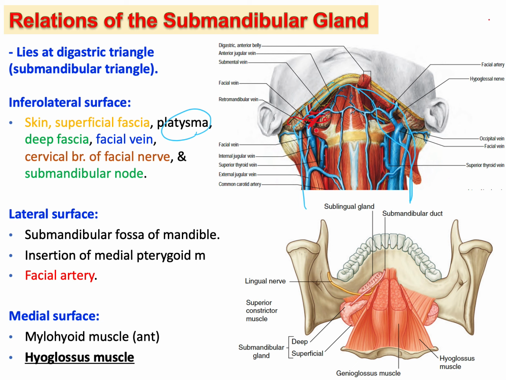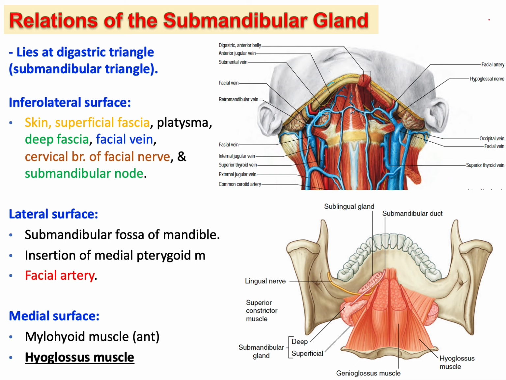Well, if you find it difficult to memorize it, just remember that in our body we have skin, superficial fascia, and muscles, then deep fascia, then we have vessels, vein and artery, and nerve and lymph nodes. So that's the easier way to remember it. Now, that was about the inferolateral surface, but let us be specific and just see the structures located lateral to the gland. Okay, this is the superficial part of the submandibular gland.